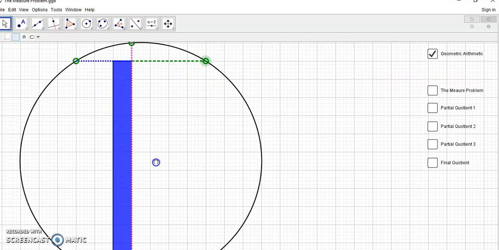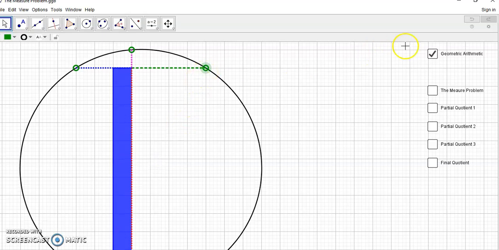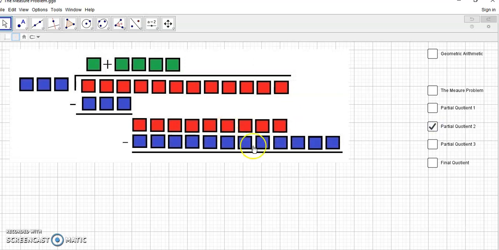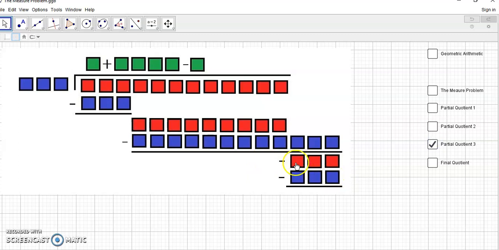So I'll come back here now. If we subtract this from this, we know that this length of 4 times this length of 3 will give us this length of 12. And if we subtract them, we're going to end up with these 3, right? Okay, and so that's okay.